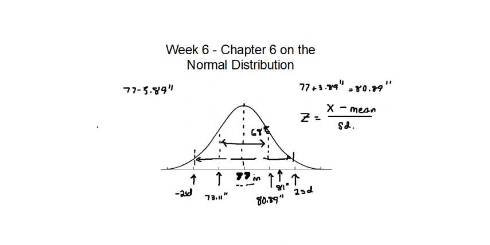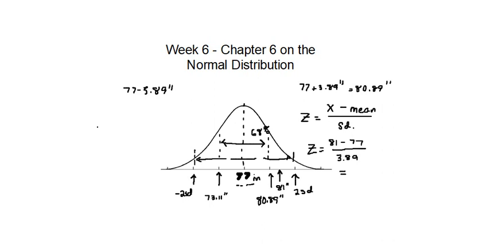So if I have a player who has a value of 81 inches, that z-score tells me that if I take 81 and subtract 77 and then divide that by 3.89, that's going to tell me how many standard deviations to the right or left of the mean I am.